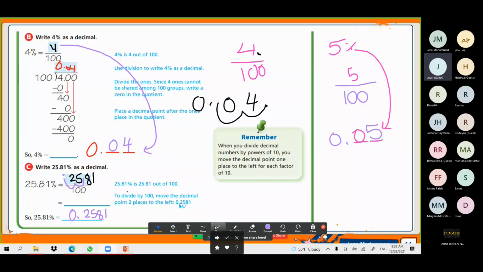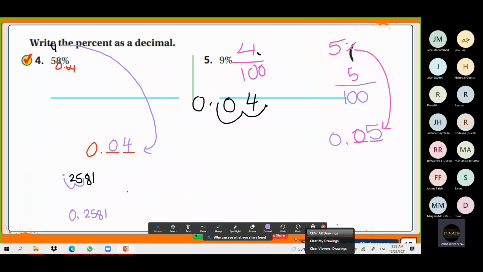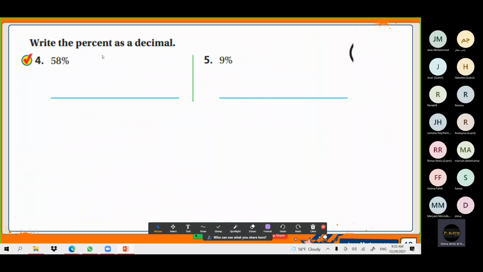Only this one, I didn't understand a lot. Which one, number C or number B? C. You just move the decimal to the left. It's like a lesson from Grade 5. Yeah.